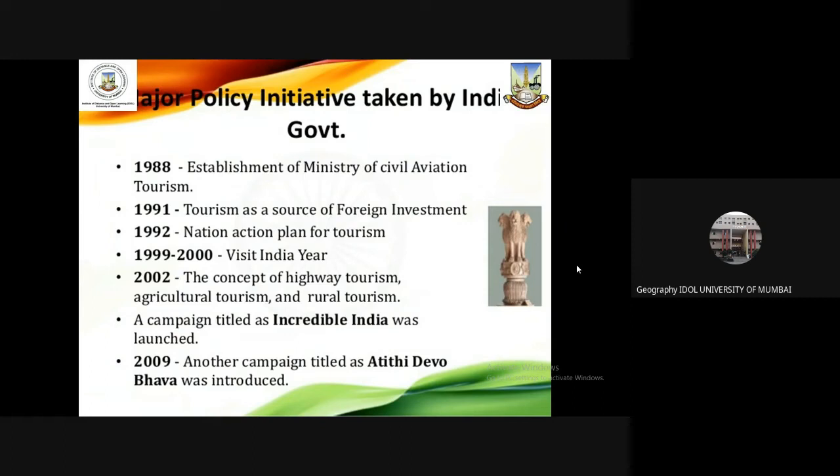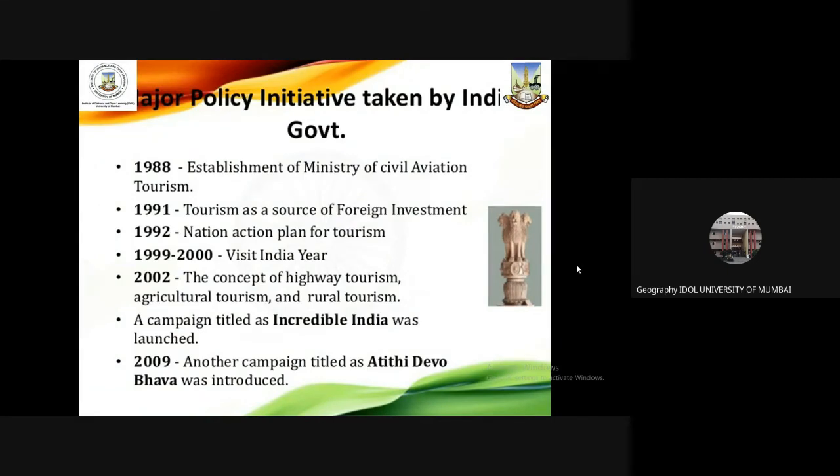In 1991, tourism as a source of foreign investment was considered. In 1992, the National Action Plan for Tourism was made. In 1999 to 2000, Visit India Year was celebrated. In 2002, the concepts of highway tourism, agri-tourism, and rural tourism were introduced.